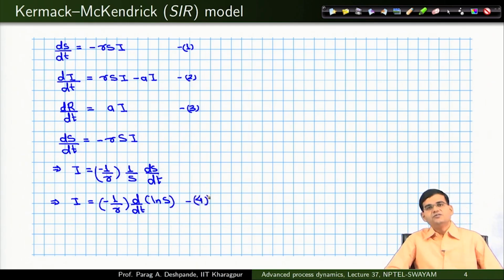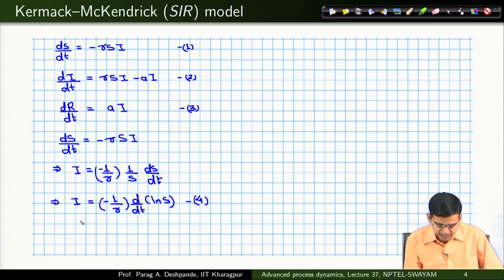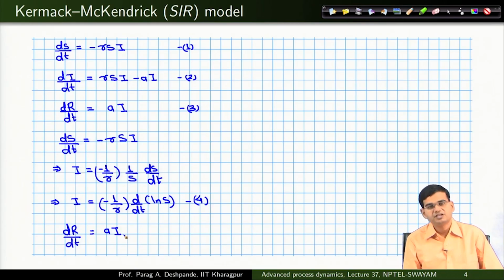Fine. So, therefore, if I have a mechanism of determination of S, then I will simply take the log of it, take the time derivative, multiply it with minus 1 over r, and I will get the number of infectives. Similarly, I have dR by dt is equal to a I, and I comes from equation number 4.